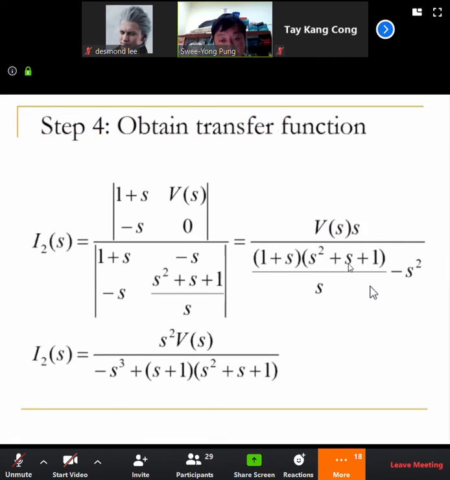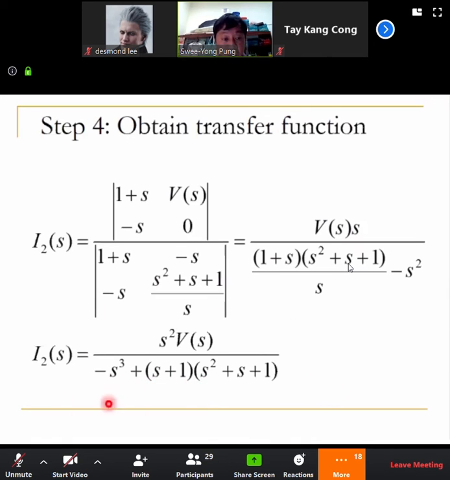How we get this denominator is this one multiply this component minus S squared. So you're going to get this, right? And then we rearrange the terms over here, okay? And what we're going to get is this answer: S squared V divided by (S plus 1)(S squared plus S plus 1).